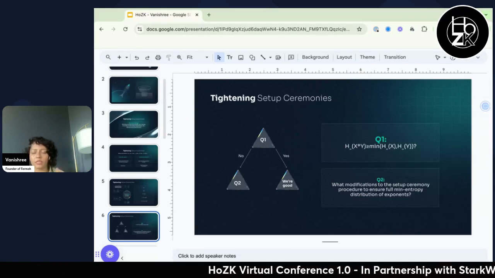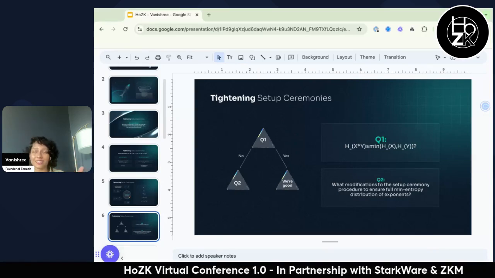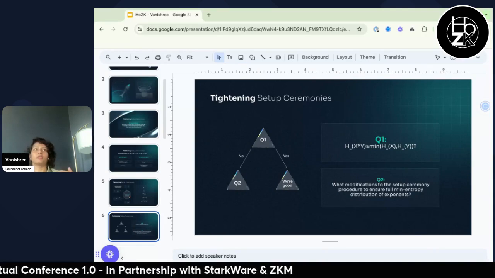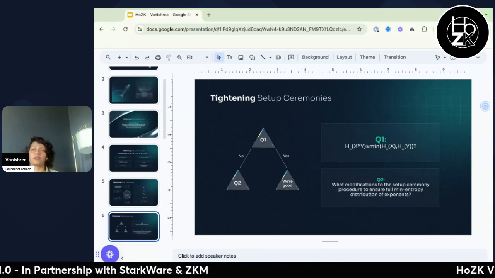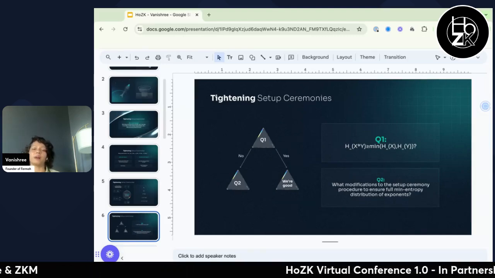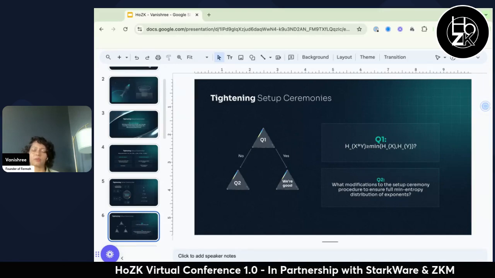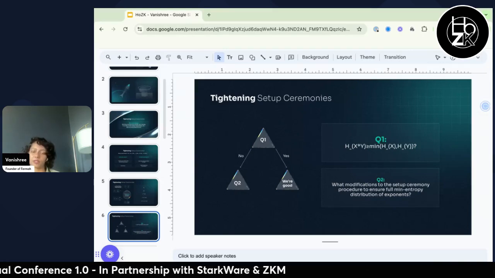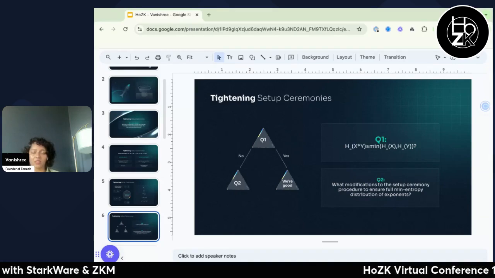If it does, it's great, because we are progressively increasing the min entropy of the product by pulling in more and more contributions to the setup ceremony.